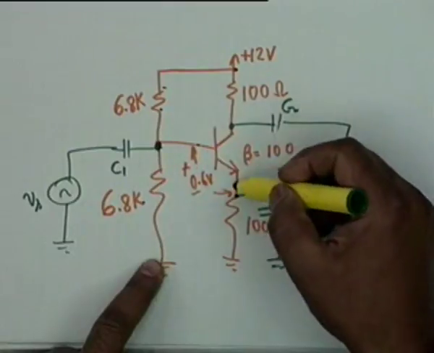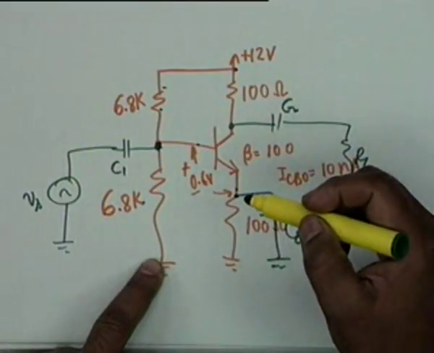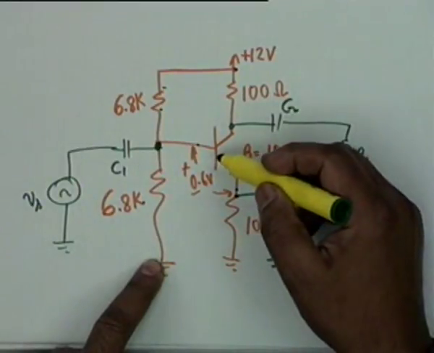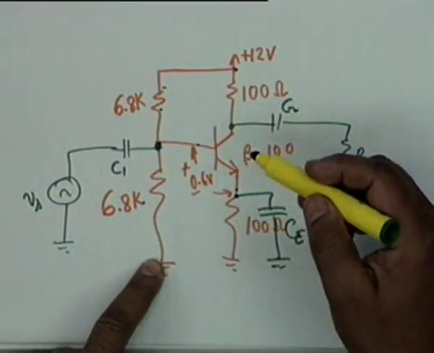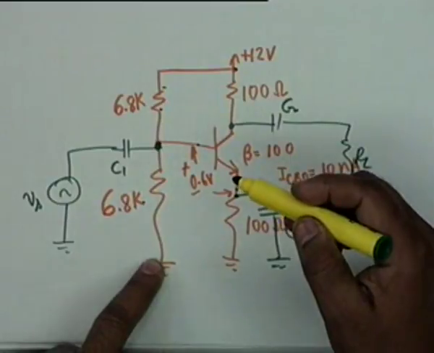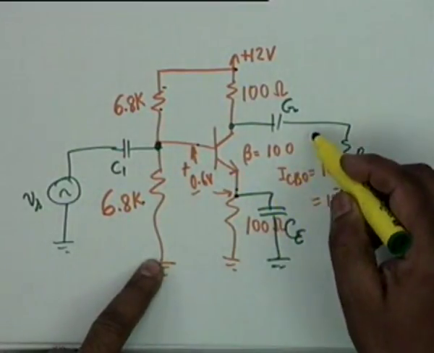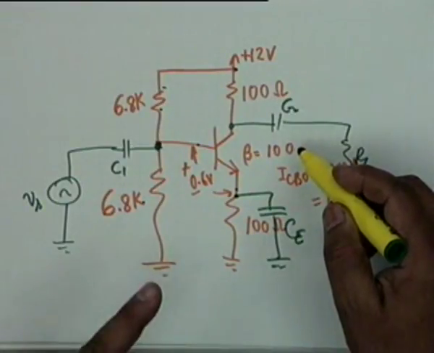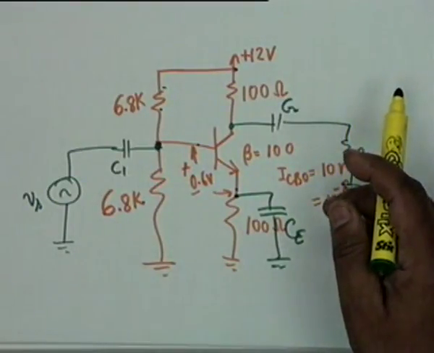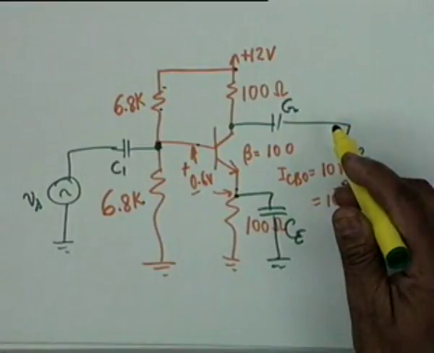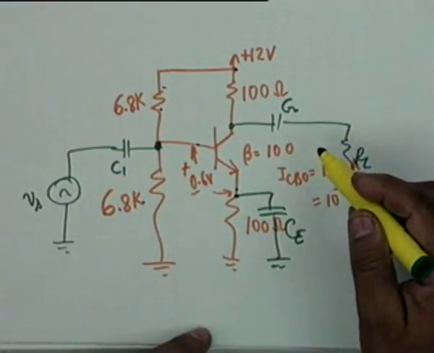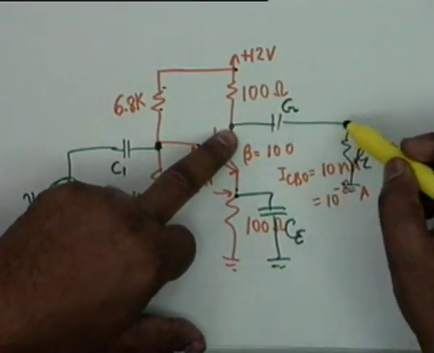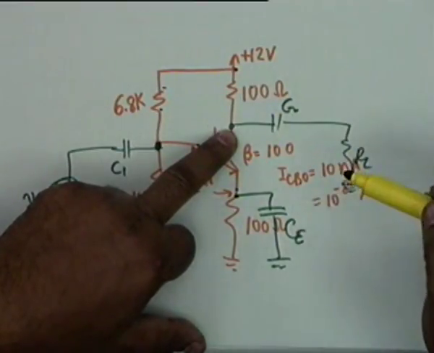Then from here to here I shall have Rx plus R pi, and the current that flows would be small i sub b. Then I come to the collector side. In the collector side only the current generator beta times IB shall remain, alright, and in parallel with RC and RL. RC and RL shall be parallel.